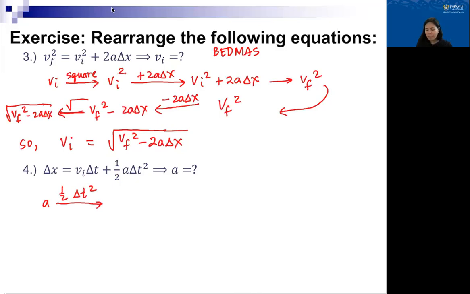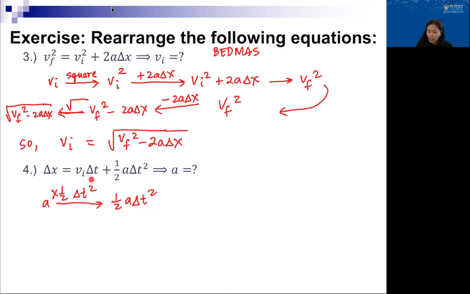So 1/2 a delta t squared is the same as a times 1/2 delta t squared. So you've built up this part of the equation here. Starting from a, you multiply that with 1/2 delta t squared, giving you 1/2 a delta t squared.